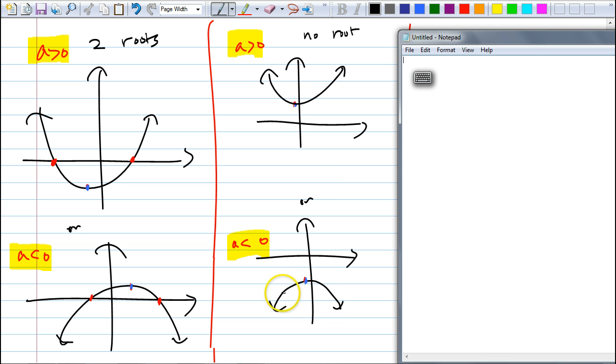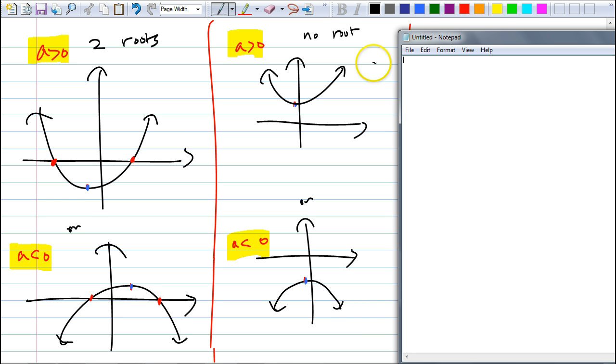If the vertex is below the x-axis, guess what? a has to be negative in order to get no roots. Does that make sense? So there are two possible ways to get no roots: if the vertex is above the x-axis and opens upward, or if the vertex is below the x-axis and opens downward. Does that make sense?